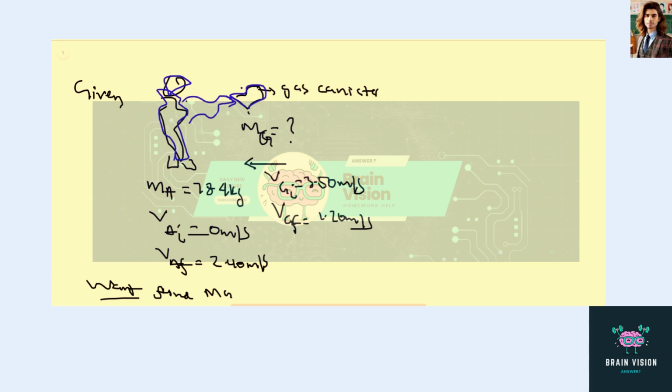The law of conservation of momentum says that the initial momentum of the system is equal to the final momentum.